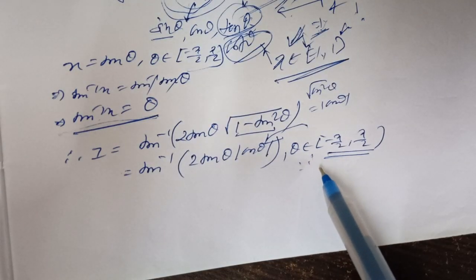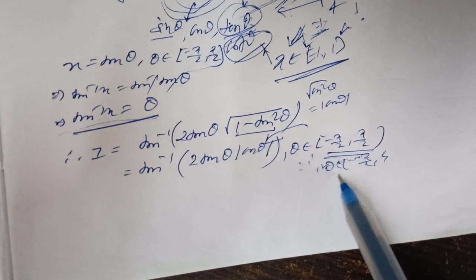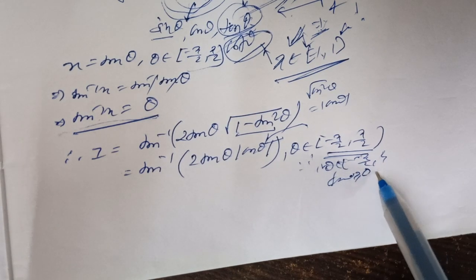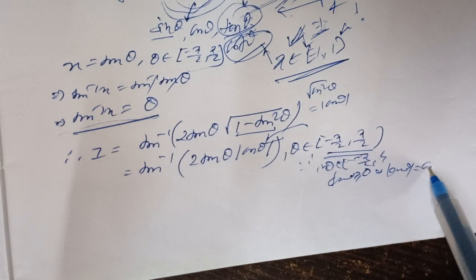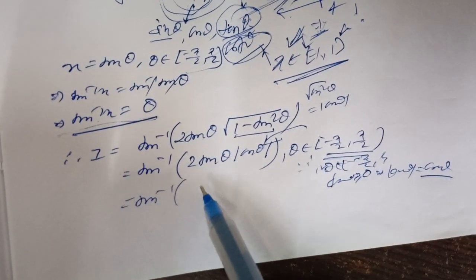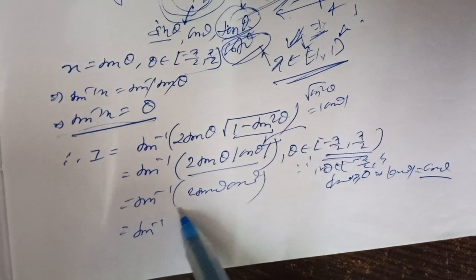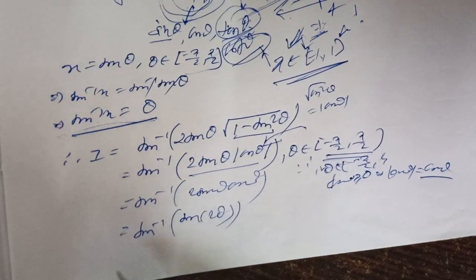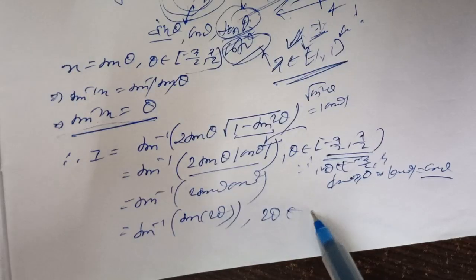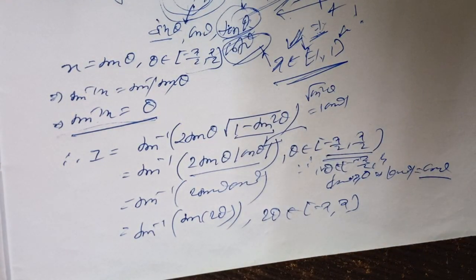Therefore, since theta belongs to -π/2 to π/2, cos theta is greater than or equal to 0, this implies mod cos theta is going to open as cos theta. I can write this as 2 sine theta cos theta, and this we know is equal to sine 2 theta, and 2 theta will now have the range -π to π, right?